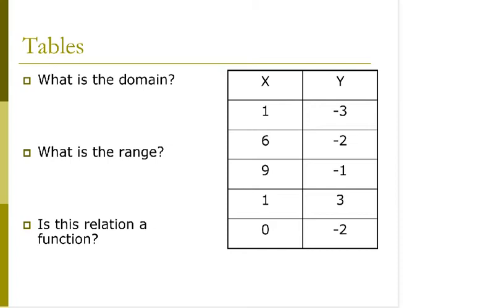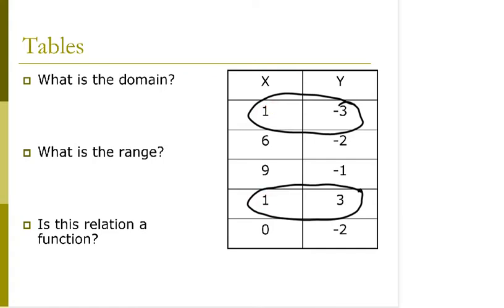And we see here 6 only goes to -2, 9 only goes to -1, 0 only goes to -2. But there's a problem here because it looks like 1 is assigned to 3, but 1 is also assigned to -3. So we have the same x value, the same input, going to two different outputs. So that does not function. It's like saying the same movie is giving you two different movies on your screen. So something's wrong there. This is not a function.